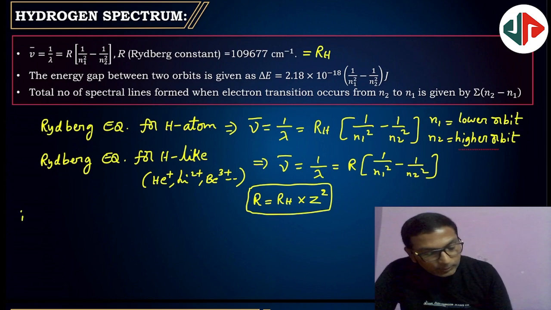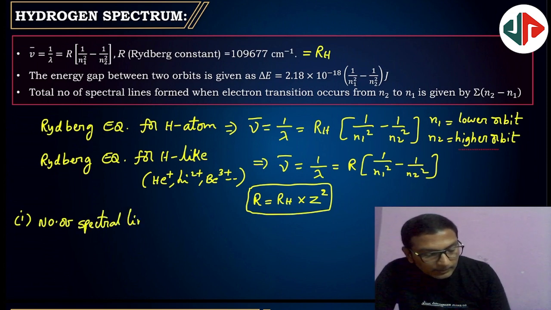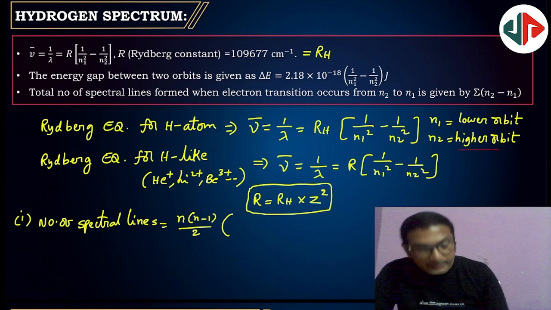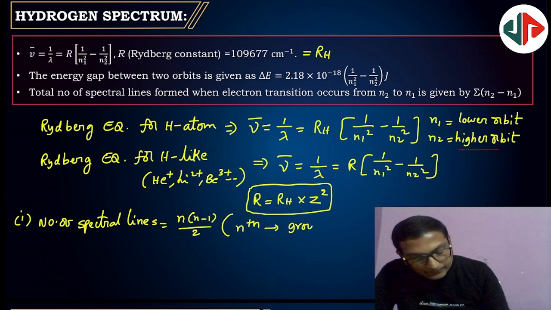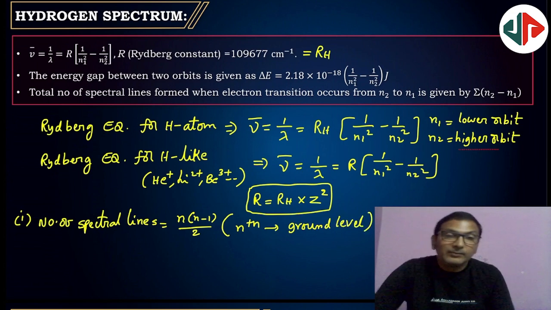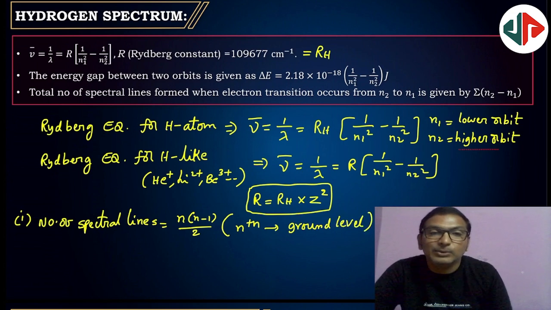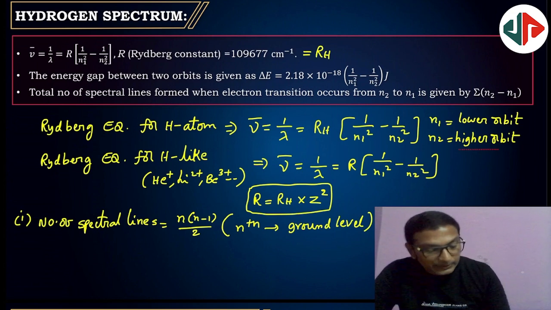Next here, two more formulae are there. Number of spectral lines equal to n into n minus 1 by 2 when electron jumps from nth level to ground level. Very, very important. When electron jumps from nth level to ground level, the number of spectral lines emitted equal to n into n minus 1 by 2.